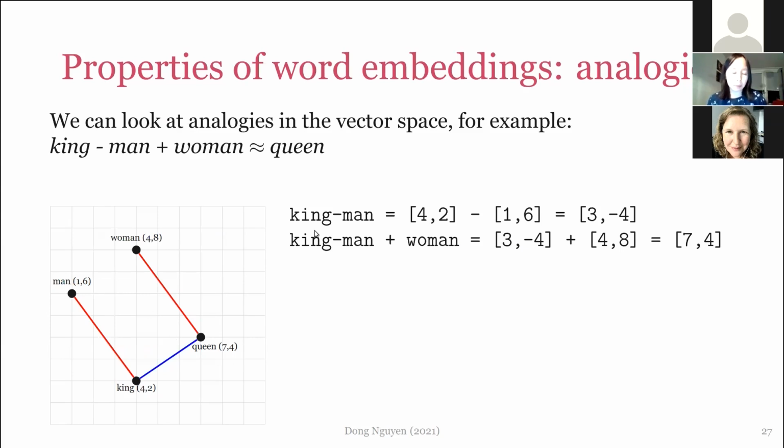If we have this word embedding for king, which is at position 4 and 2, and we subtract the word embedding for man, 1 and 6, and then add the word embedding for the word woman, then we end up at the position where the word queen is. This got people really excited by the fact that if we just learn from lots of data, somehow these relations are also encoded in these word embeddings.